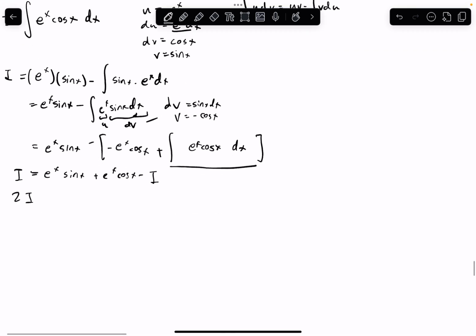So we get 2I, if we move this I over to this side, is equal to e to the x sine x plus e to the x cosine x. So all in all, I is equal to 1 by 2 e to the x sine x plus cosine x plus c, okay?